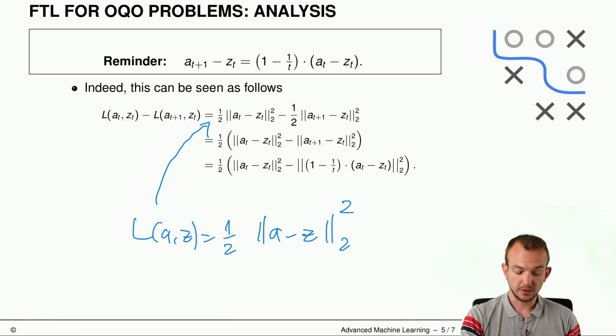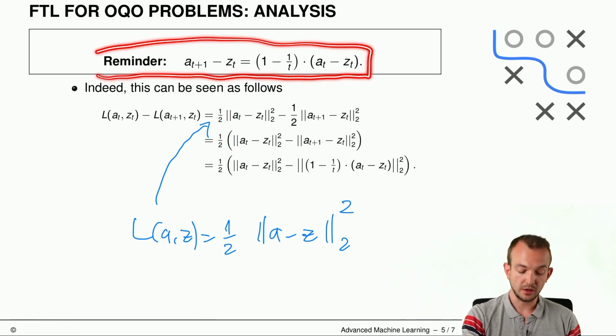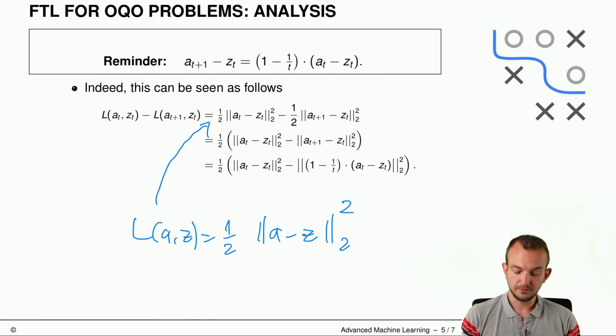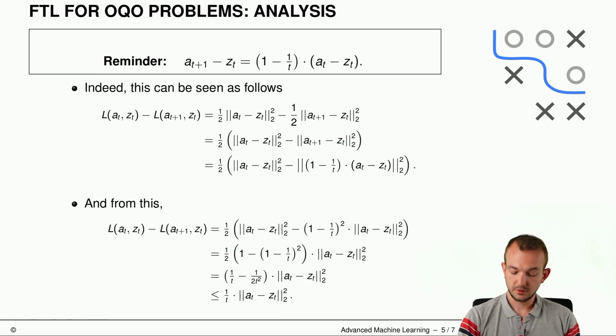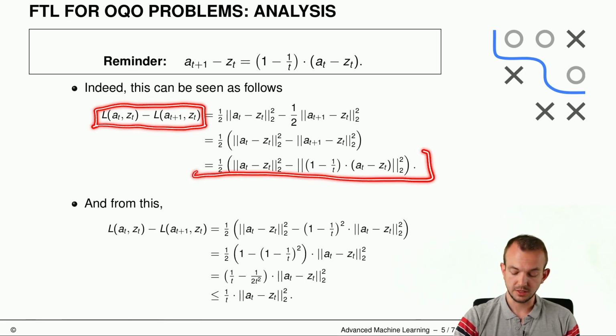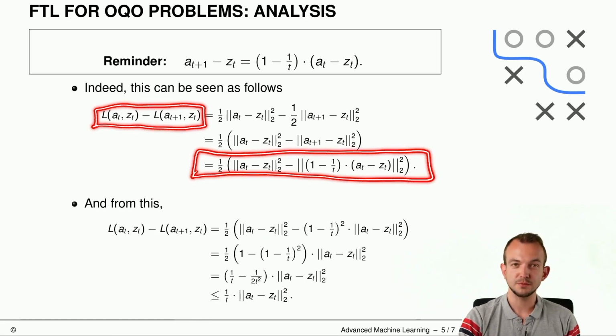And then we can use actually our convenient way to express the difference between the action in time step t plus 1 and minus ZT here, and get this here. All right, and now from here we can go further as follows. So we have the difference between the losses here is equal to this expression.